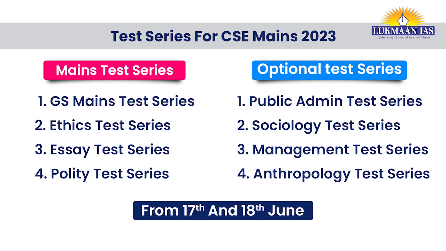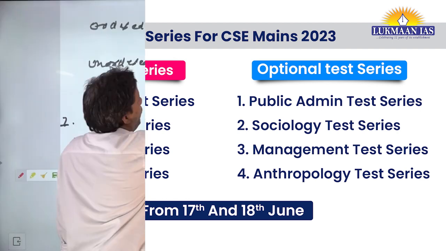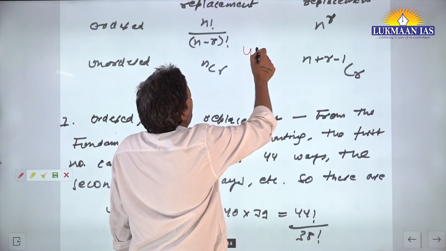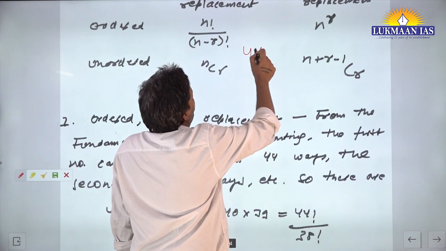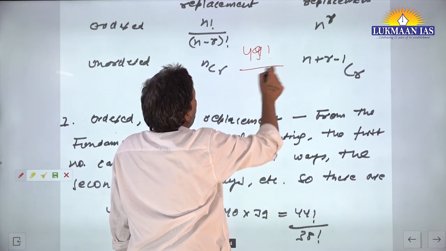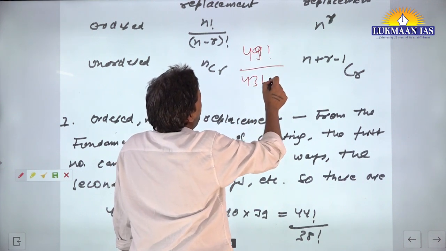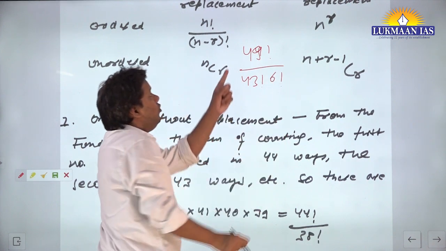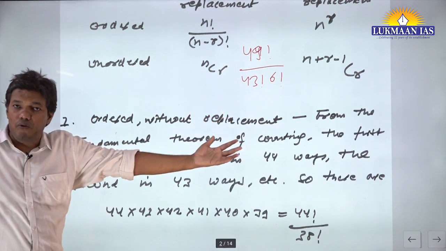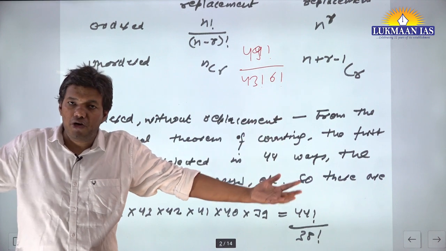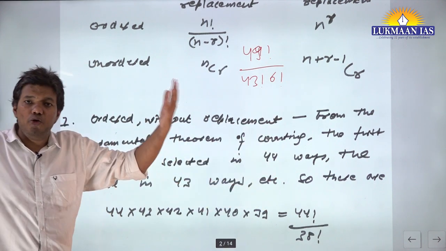Now the last case which we saw was difficult to count. So what we did in the last case, our answer was how much? 49 factorial upon 43 factorial, 6 factorial. You remember how you got 49 factorial? 44 bins were there. They were having 45 walls. You removed 2 walls. You were left with how many walls?